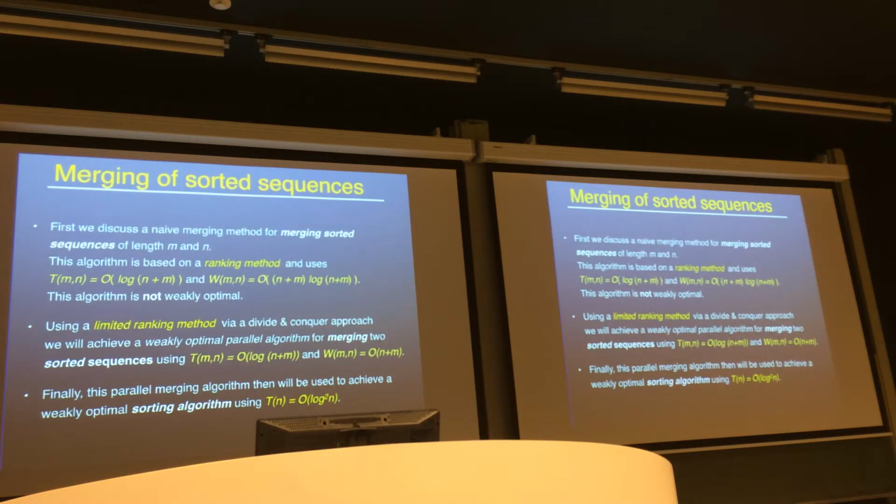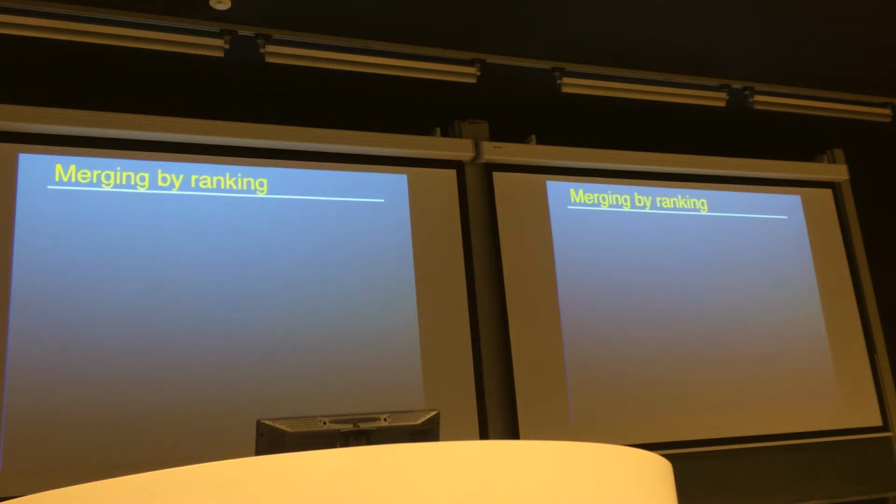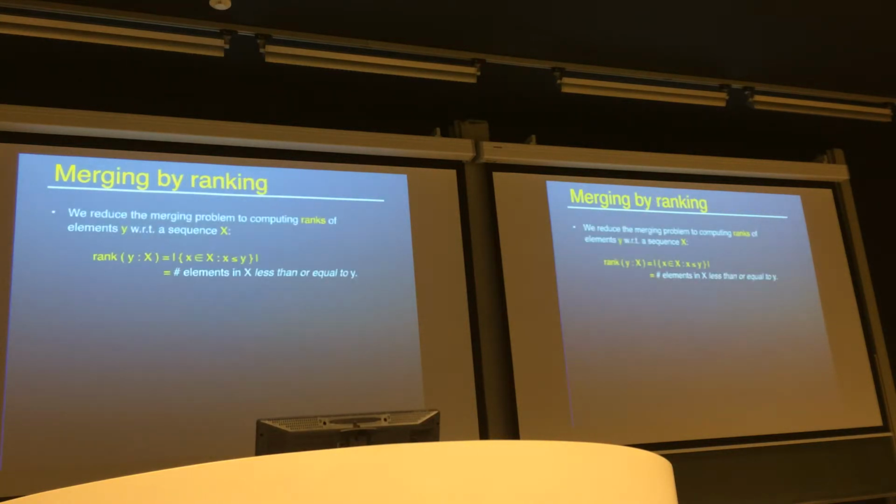So we can improve our naive parallel sorting algorithm that takes O(n) time to a more involved algorithm that now achieves log square n time. And that, of course, is a much better time profile than we could hope for using this naive approach.